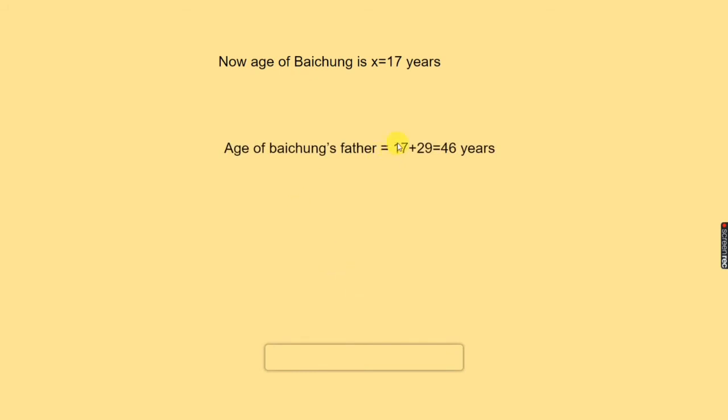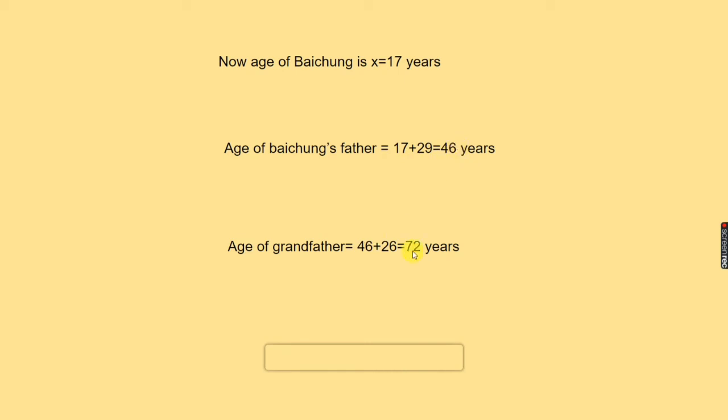Age of Baichung's father was x plus 29. This is 17 plus 29 years, that is equal to 46 years. And his grandfather is still 26 years older. So we would add 46 plus 26. Age of grandfather, 17 plus 29 plus 26.